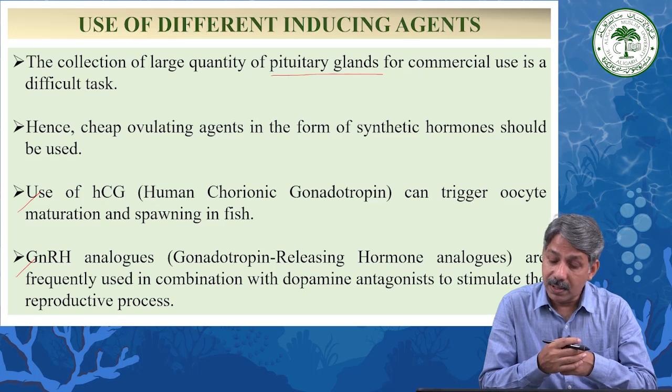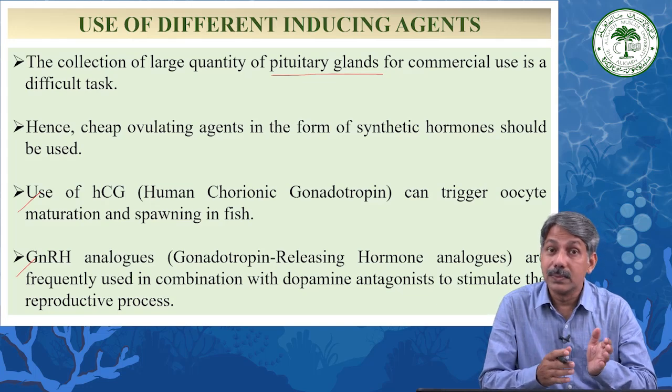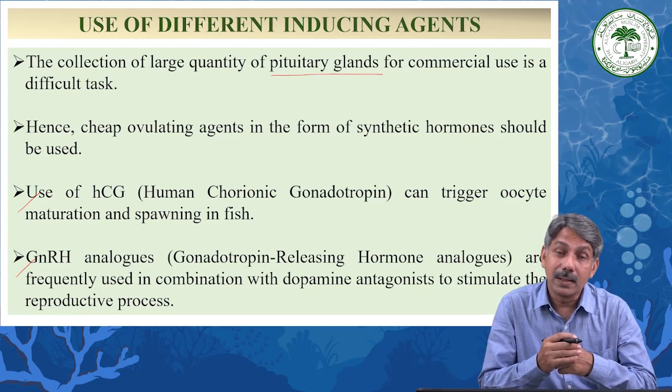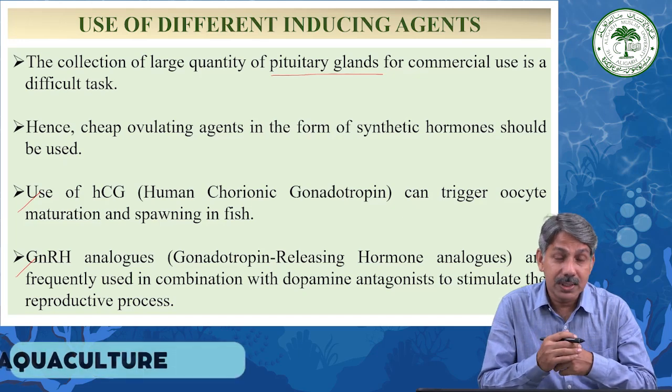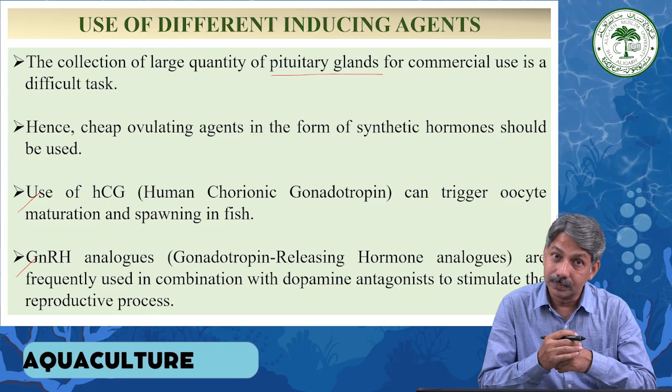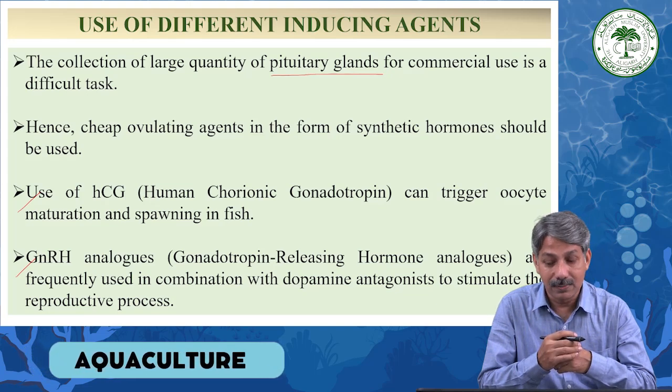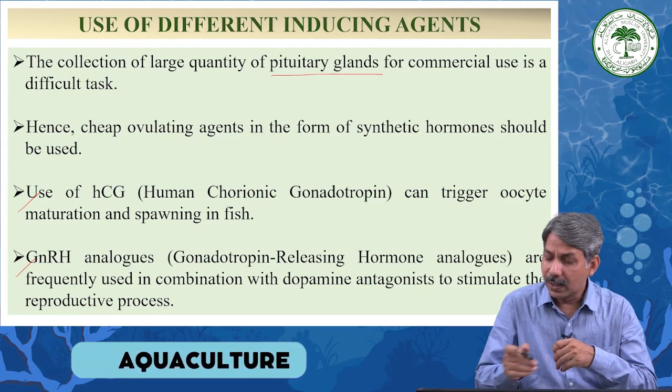Gonadotropin releasing hormones play a very important role in reproductive physiology, especially in gonadal maturation as well as the breeding season. So you can use GnRH, but nowadays GnRH analogs are available, so you don't have to kill the fish.